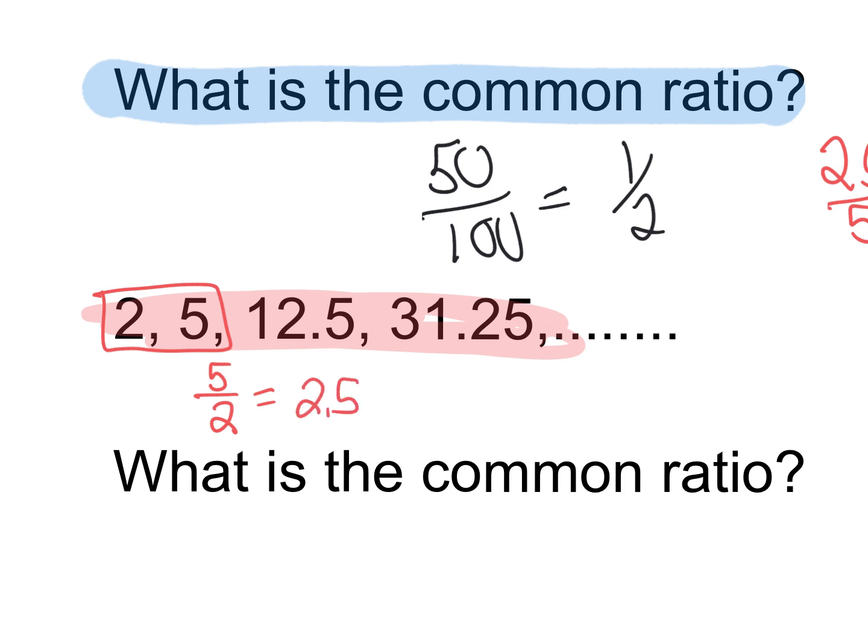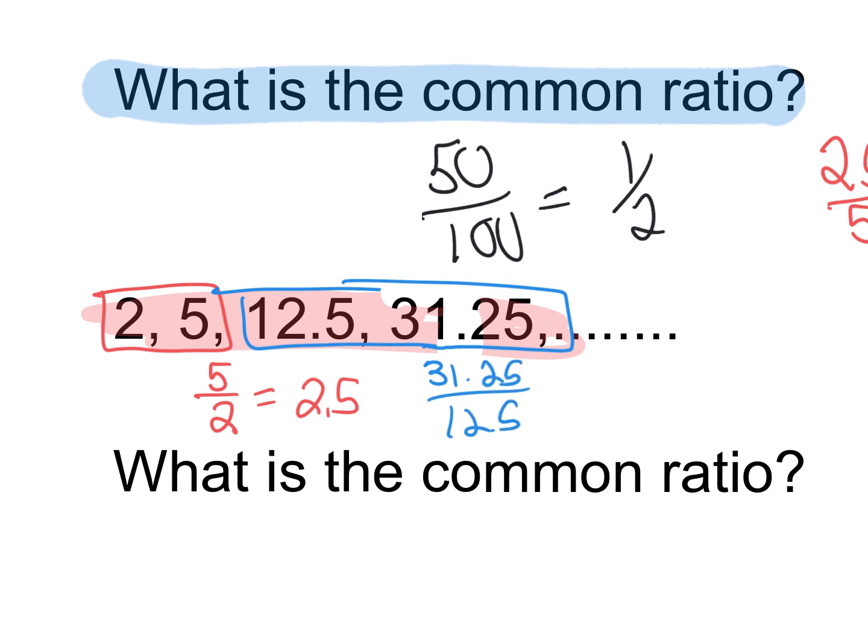I could have picked these two terms, 31.25 over 12.5, and I would also get 2.5 when I divided those two out. Again, I could have picked any two terms and just divided one term by the term previous to it.